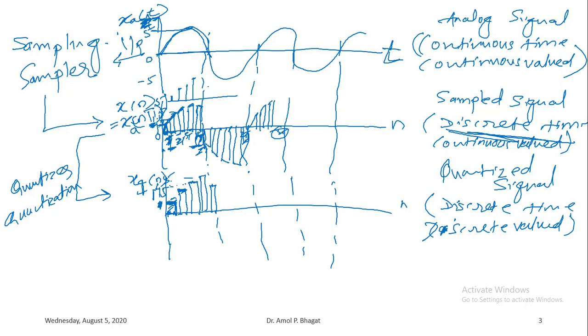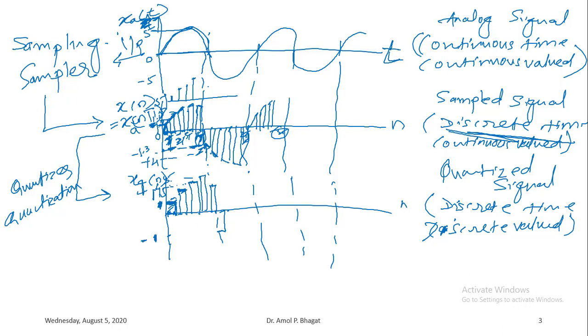Again, just for example, this value was continuously varying from minus 1.3 to maybe minus 1.4. Again I will assign the sample a fixed value, maybe minus 1.